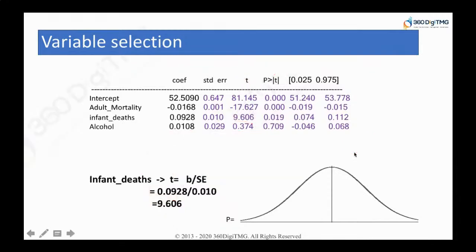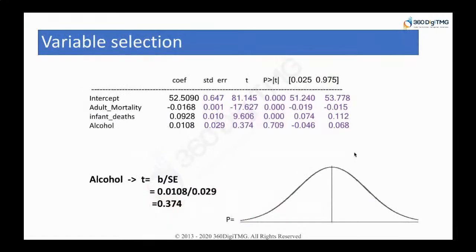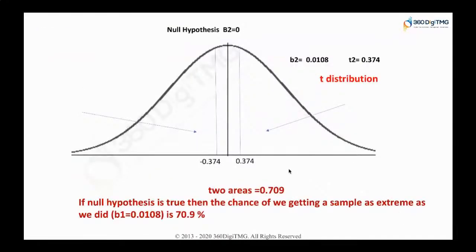So when you do this, this is what we got here: minus 0.374 and 0.374, positive and negative. If you calculate the two areas here, you get the p-value 0.709. This is what you get with respect to the t-value for the coefficient.